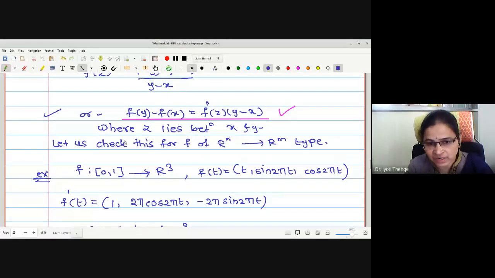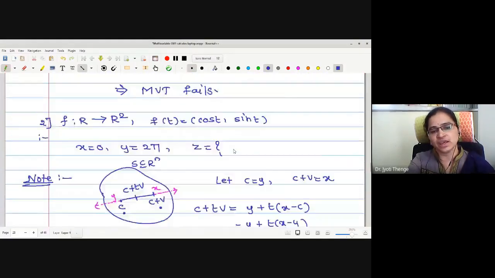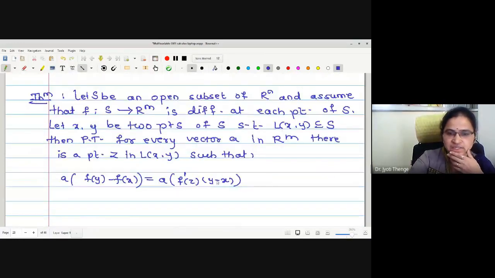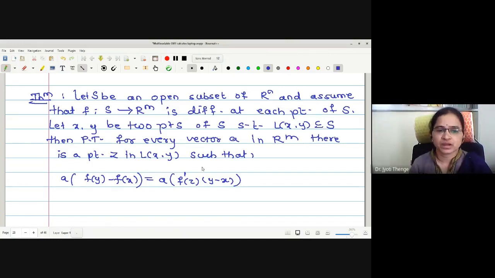Now in the corrected statement, we have taken a dot product with a on both sides: a dot (f(y) minus f(x)) is equal to a dot f'(z)(y minus x). Taking a dot product with a, actually the properties are going to change. Whenever we take f defined on any element of S, that is f(x), what is the resultant? The resultant is an element of R^m space.